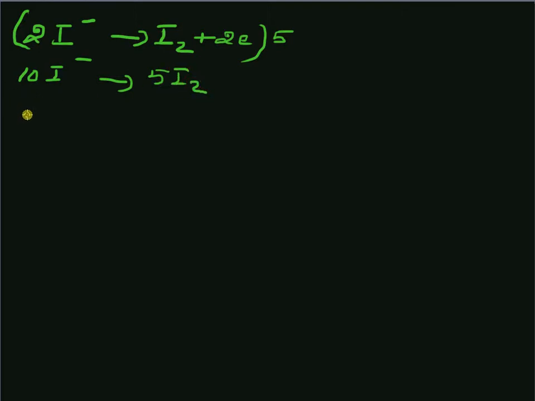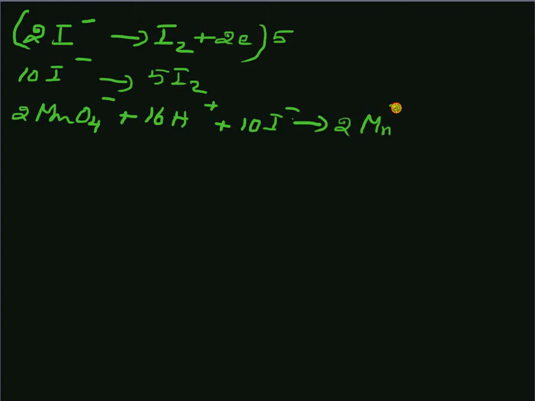And the combined equation will be 2 MnO4- plus 16H+ plus 10I- giving 2 Mn2+ plus 8H2O plus 5I2.